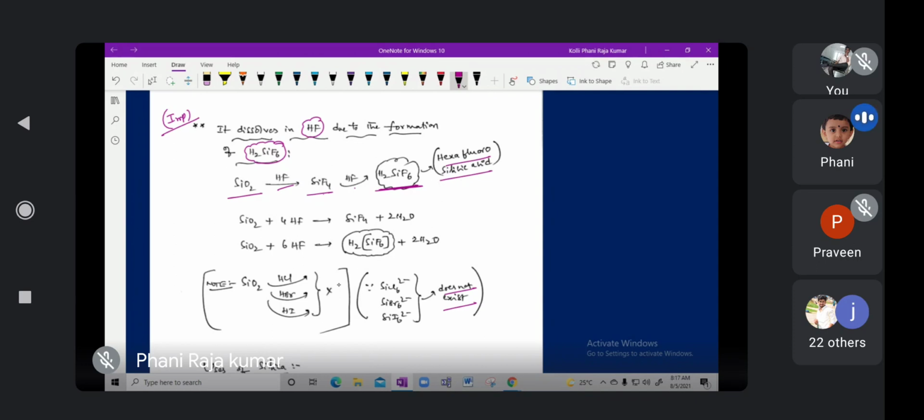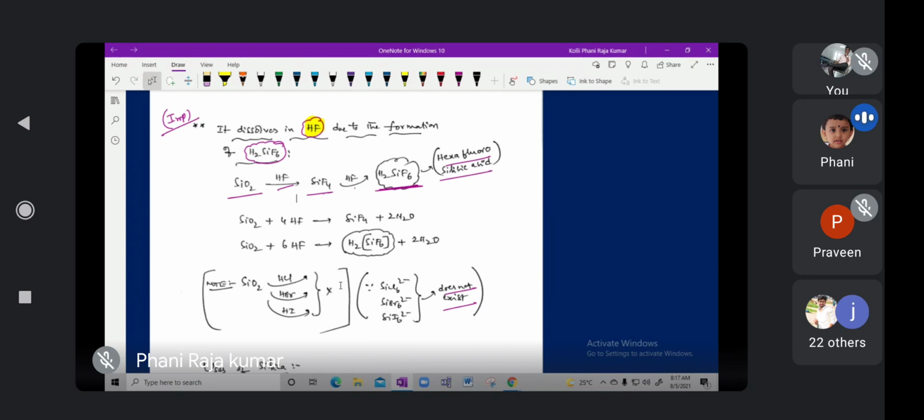Because of this reaction, hydrogen fluoride is a very useful compound for etching on glass surface. Etching on glass surface means making designs on the glass surface. We are adding HF. Glass means SiO2 only. So by adding HF, glass dissolves. Then we can make our desired design on the glass surface.